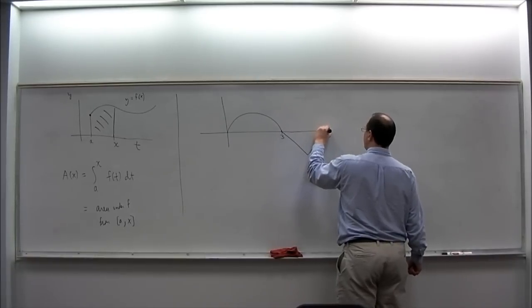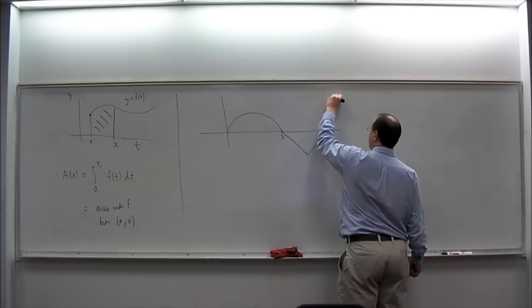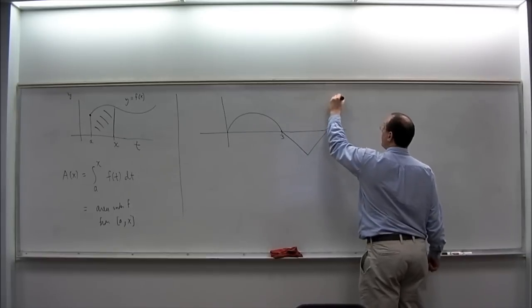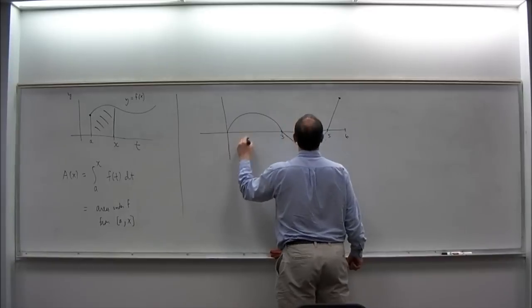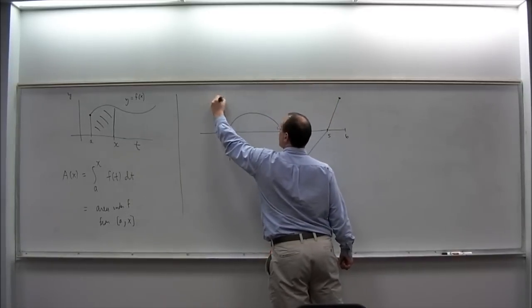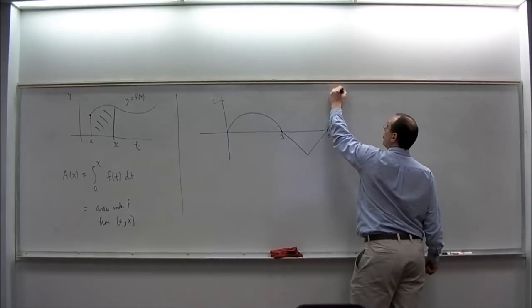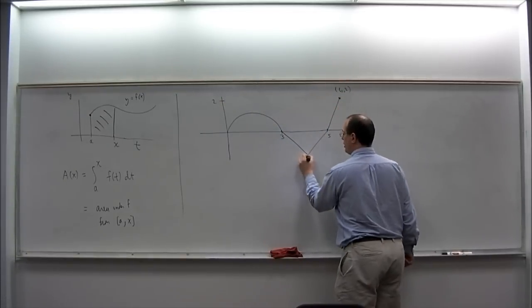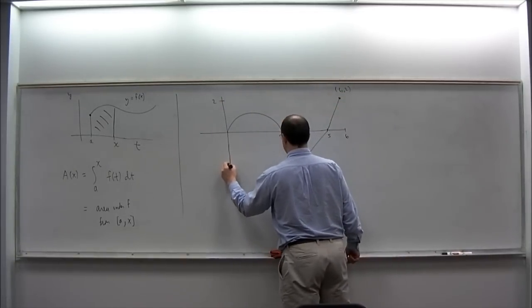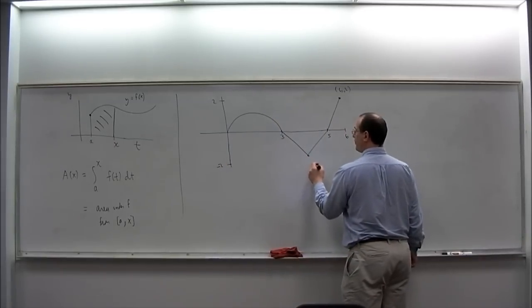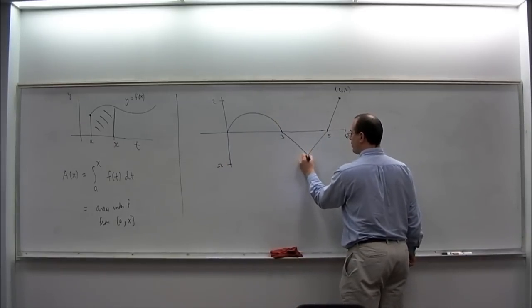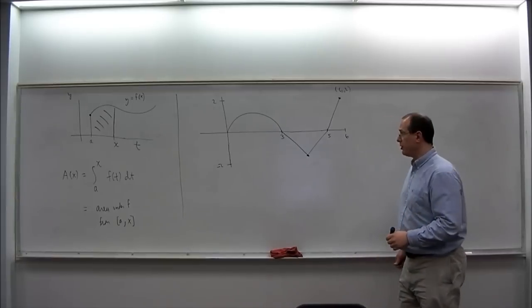And then let's say that the line continues, maybe it changes direction a little bit, and that's 6. And let's put some y values on here. Let's say this is 2, so that's the point 6 comma 2, and this one let's say is negative 2, so that's the point, well I don't know what the x coordinate is, but the y coordinate is negative 2.